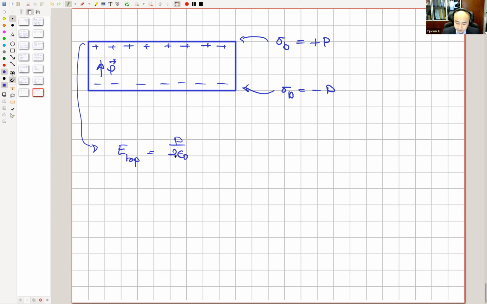And in the case of the bottom plate, it is just minus P over 2 epsilon naught. Right? In this case, because sigma b equals P, and sigma b equals minus P.